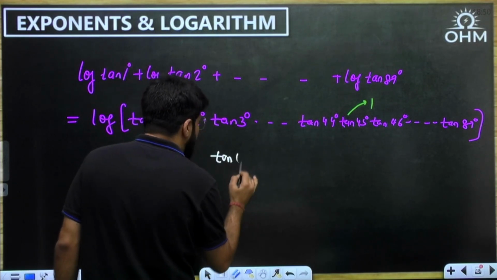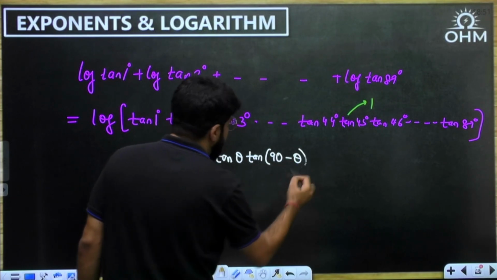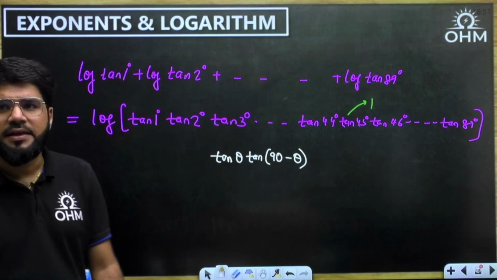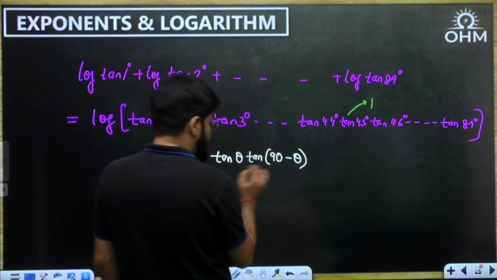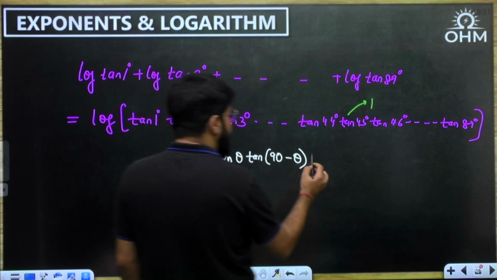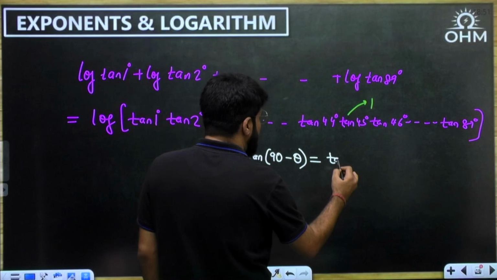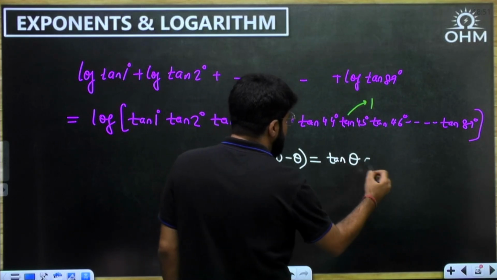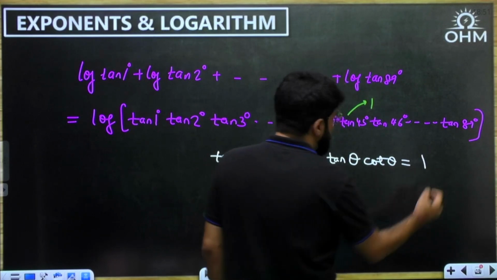So if I take tan theta and another angle as tan 90 minus theta, both of them add up to 90 degrees. But we also know that tan 90 minus theta is cot theta, and tan and cot are inverse of each other.